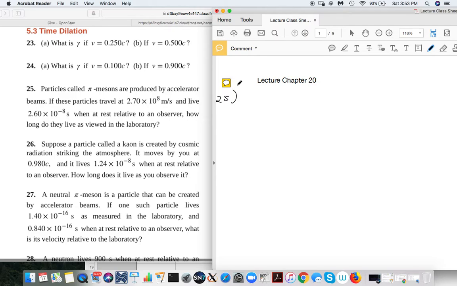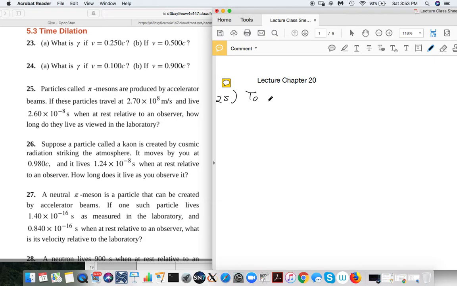Now, in relativity, in this chapter, you need to remember the definition of proper time. Proper time is a time that is measured by somebody that is at rest with respect to the object that the time is being measured.